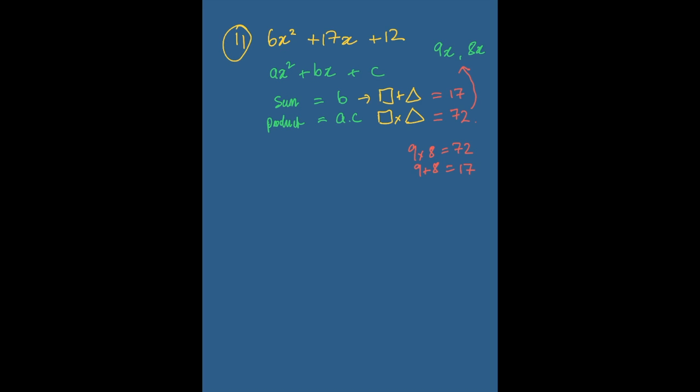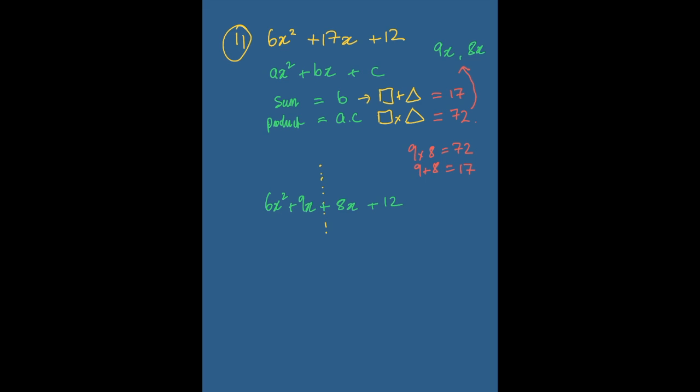Next part asks you to factorize it with that split. So going back to that, we've got 6x squared plus 9x plus 8x plus 12, and remember we're going to split that and then factorize within that.